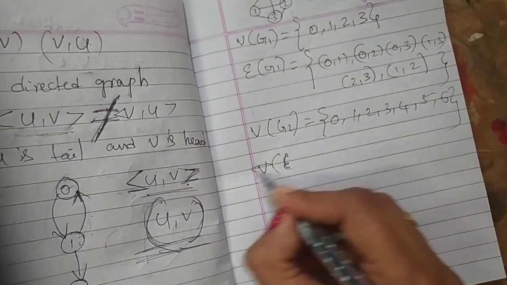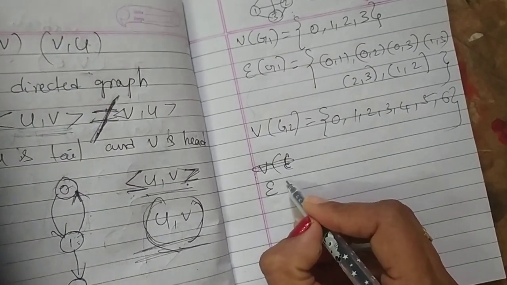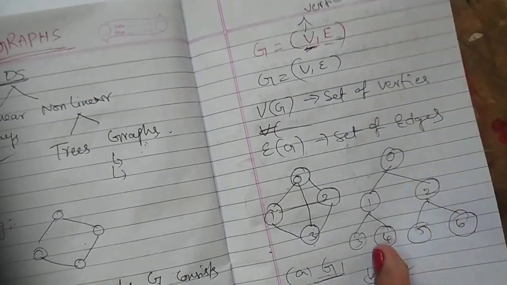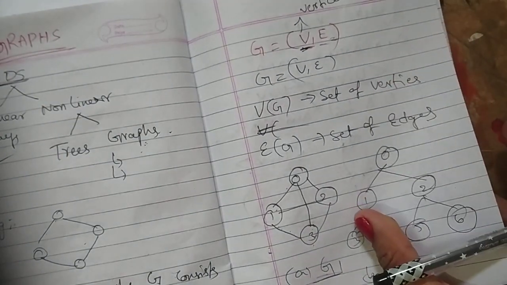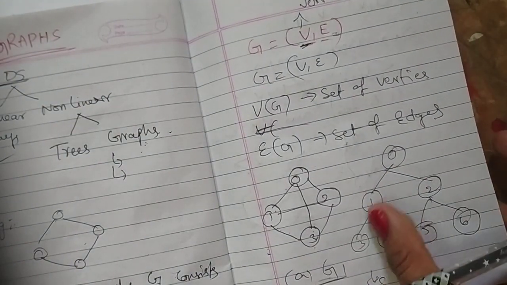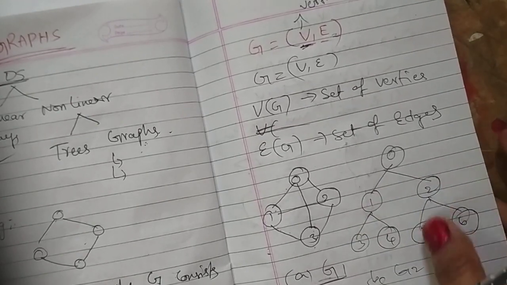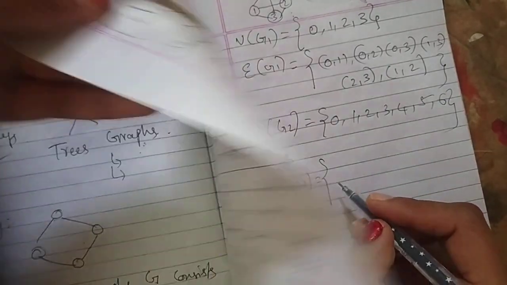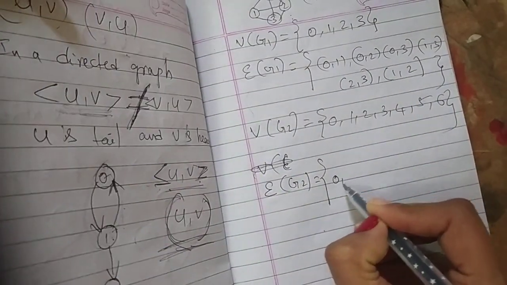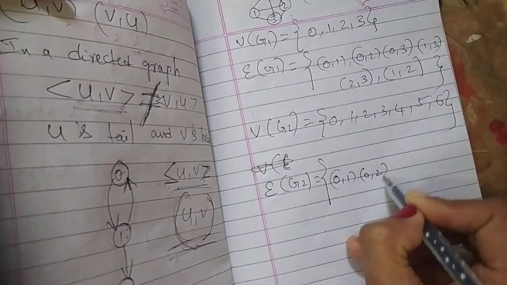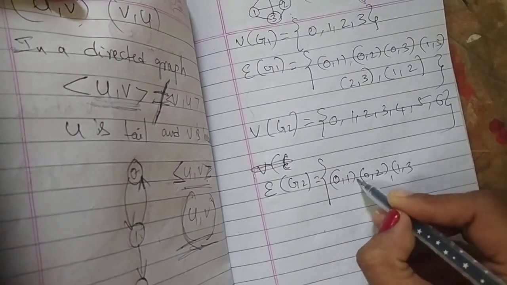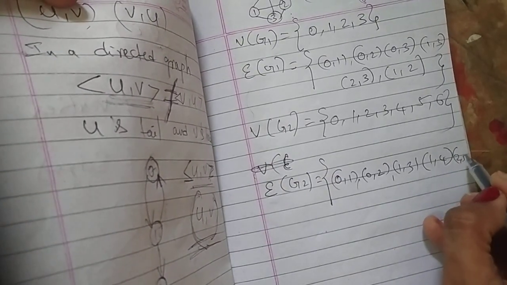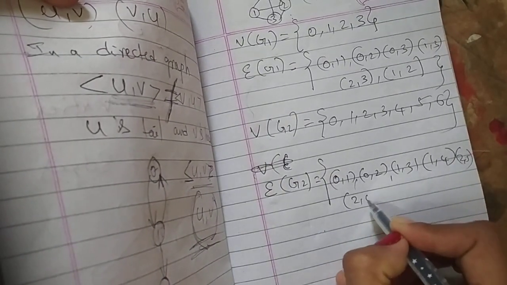E of G2: 0 to 1, 0 2, 1 3, 1 4, 2 5, 2 6.